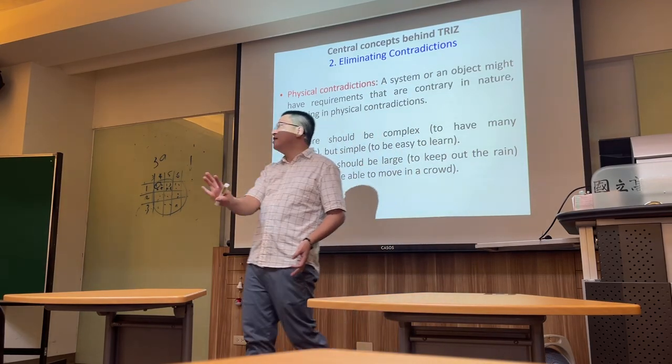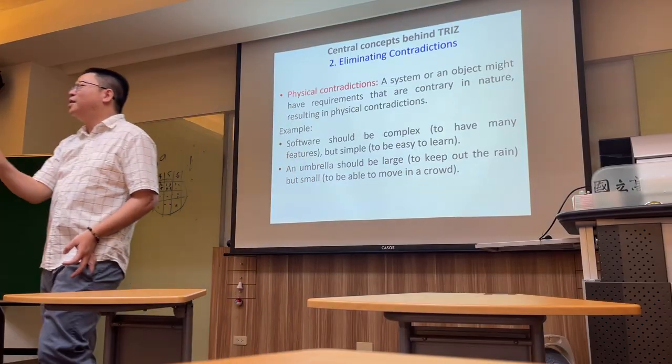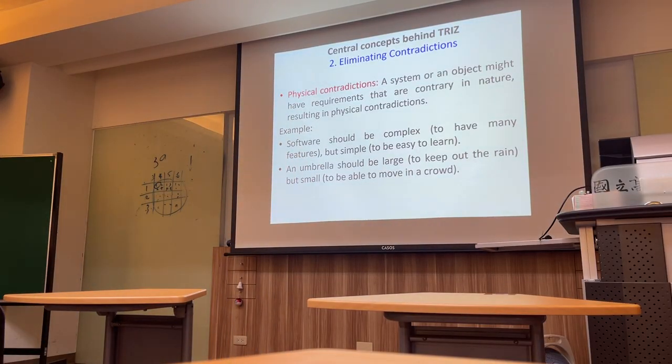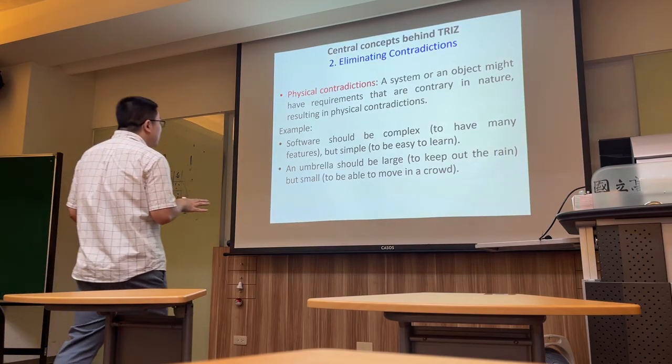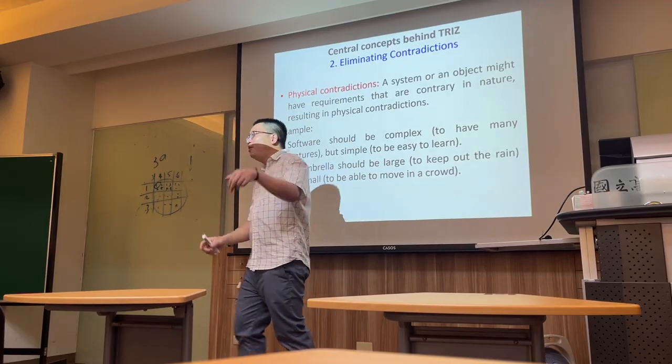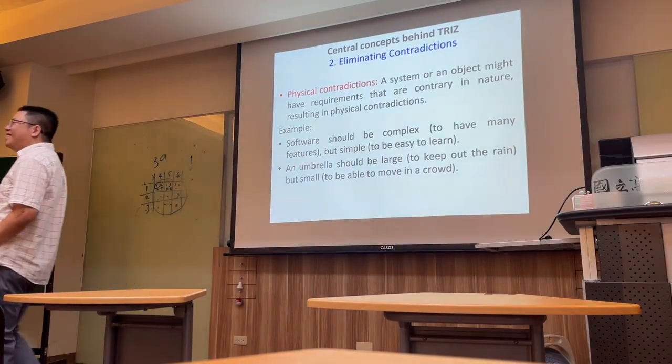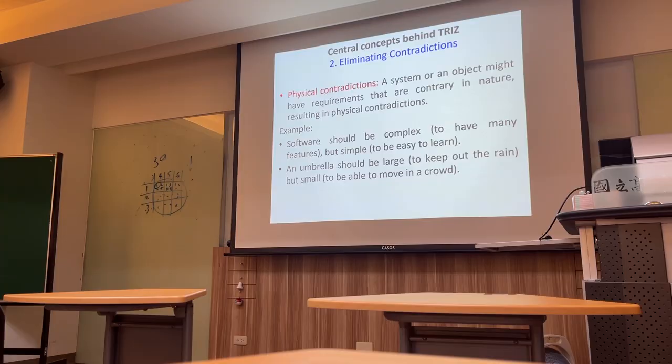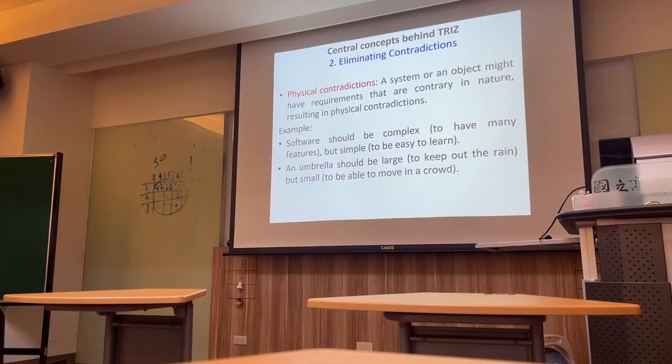As a customer, when you use software, you want more functions, right? But at the same time, you also require it to be easy to learn, simple. It's a conflict. You want software with many functions, but you also require it to be simple.